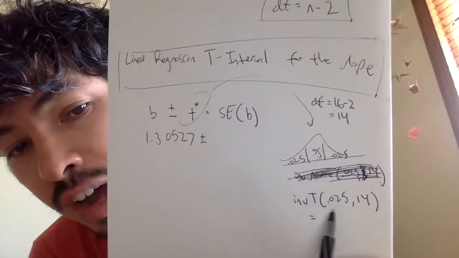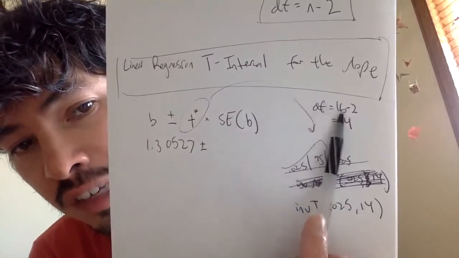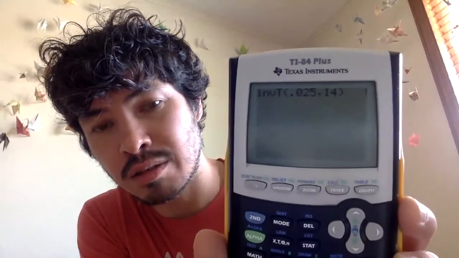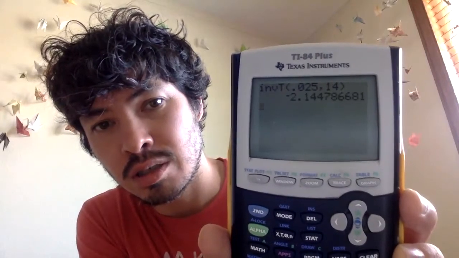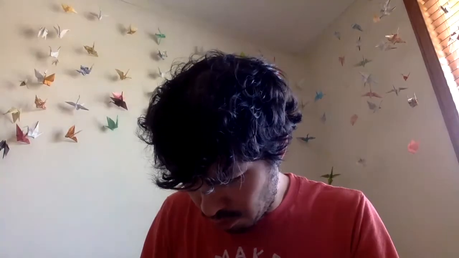There's 2.5% in each tail, and 14 degrees of freedom. So inverse t, 0.025, 14 degrees of freedom, n minus 2, and we are reaching out 2.14478. So my critical value is 2.1448.